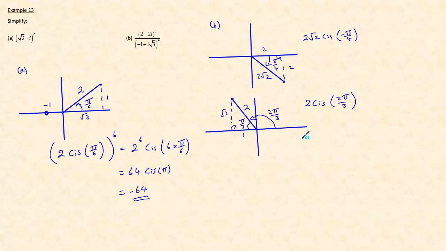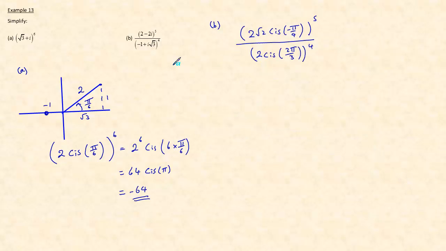So what we have is (2 root 2 cis negative pi by 4) to the power 5 divided by (2 cis 2 pi by 3) to the power 4. So let's think about 2 root 2 to the 5.